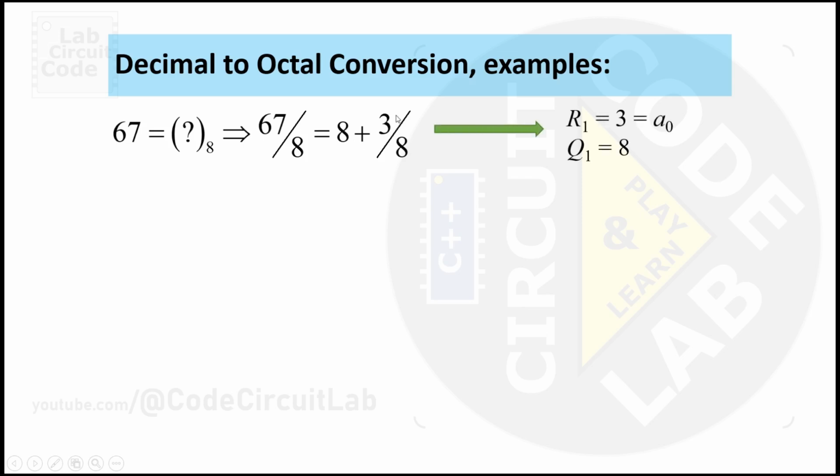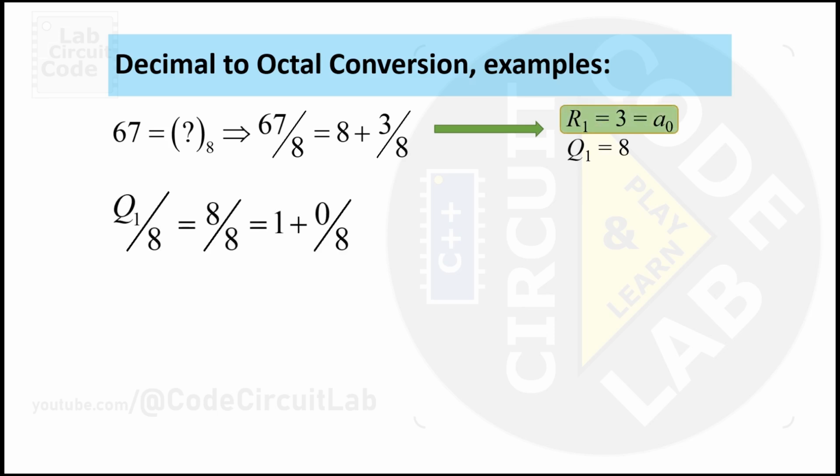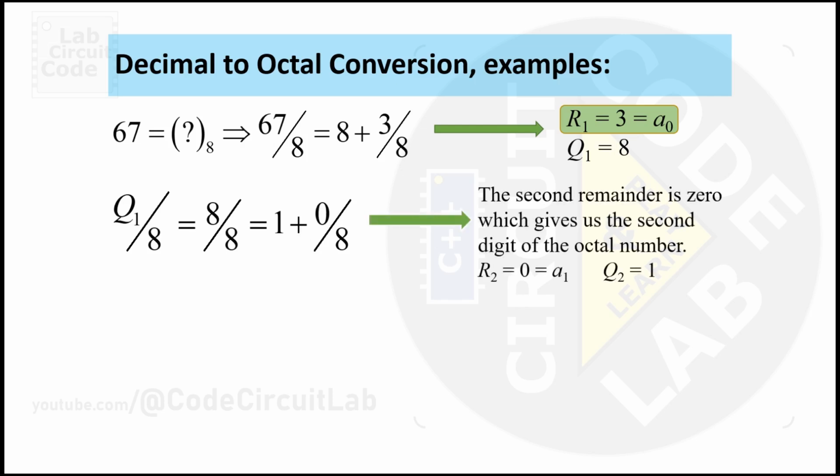So the a0 of the target number is 3 and the first quotient is 8. So we jump to the next step, which is to divide 8 by 8, which gets us a 1 and a 0 as a remainder. So the second remainder is 0, which gives us the second digit of the octal number.